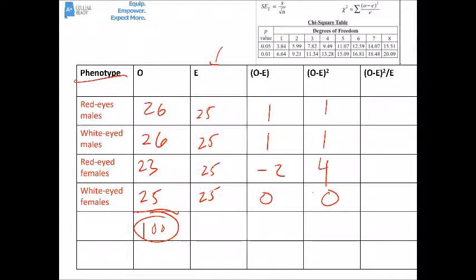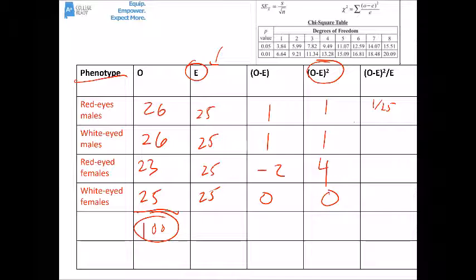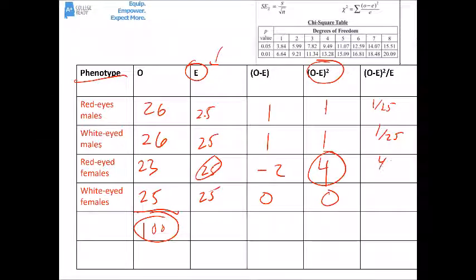And then finally, O minus E squared over E. So that would be this column divided by this column. You can go ahead and divide it out and do a decimal. I'm going to do a fraction because I don't have a calculator in front of me right this second. So this would be 1 over 25, 1 over 25, and then 4 over 25, and then 0 over 25.